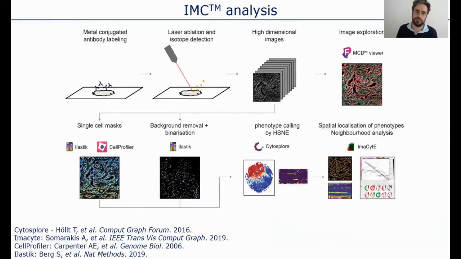We then transform this imaging data into a per cell matrix that is used as an input for CyTOF, where with tSNE-based dimensionality reduction, we identify cell clusters that can correspond to cell subsets. The biological validation of such subsets and further analysis are then conducted with ImaCyte.